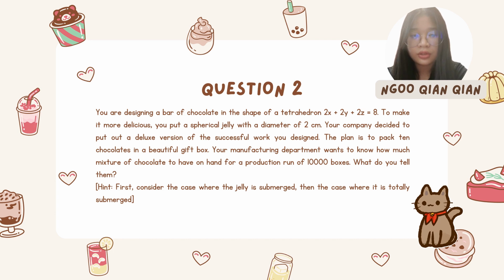The manufacturing department needs to know the amount of chocolate mixture required to produce 10,000 gift boxes. Each gift box contains 10 chocolates. Therefore, we need to calculate the total volume of chocolate needed for 100,000 pieces.